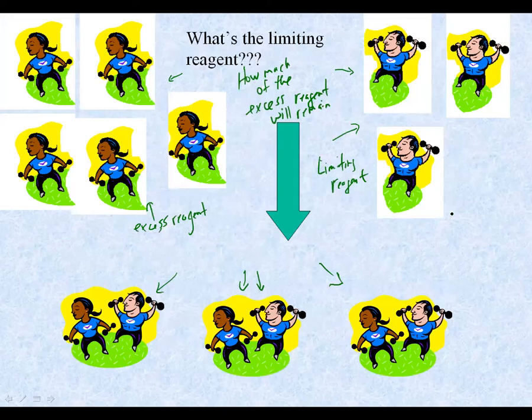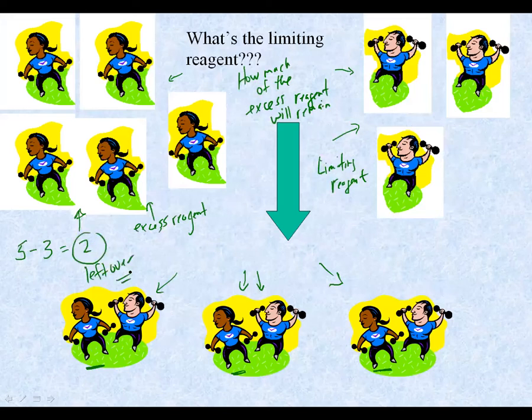In our little example with the workout people, our excess reagent is our females over here. In order to make our product, we had to use 1, 2, and 3 of them. That means we started with 5 workout females and only had to use 3, so we would have 2 left over at the end of this reaction.